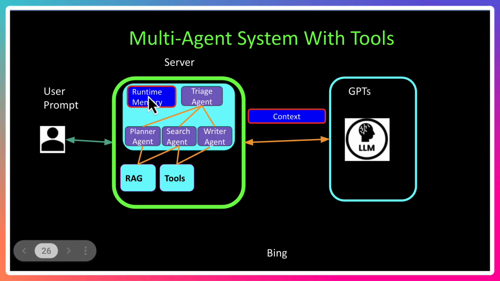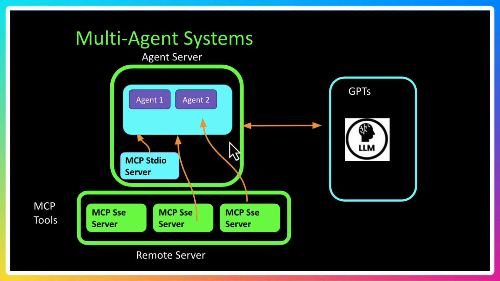So this runtime memory is important, and if you code, you'll be using it a lot. So here we have these three sub-agents, and this is a triage agent, so it's the kind of main agent that decides who should be doing what, and then we have various tools that these agents can access. So we'll come back and we'll talk in more detail about multi-agent systems and how we can program them.